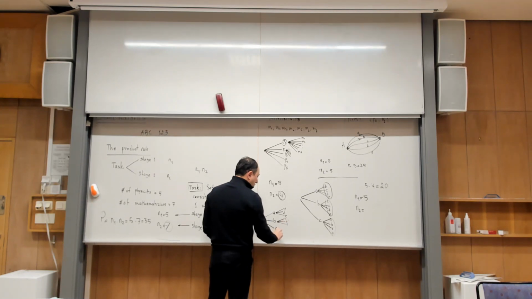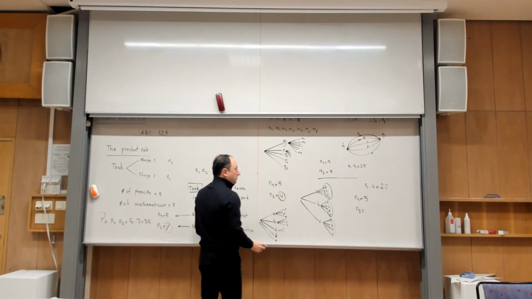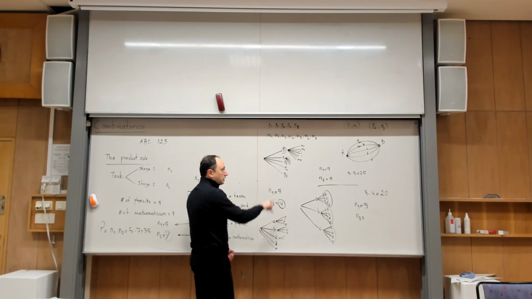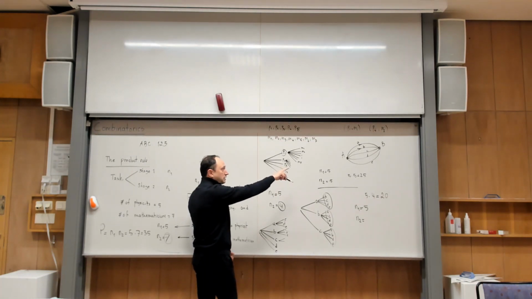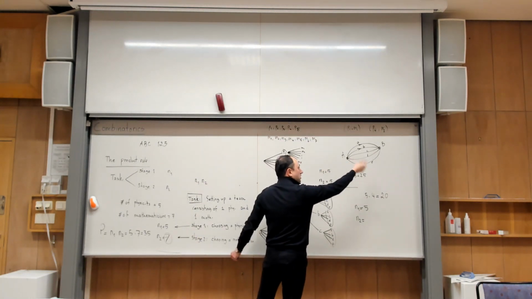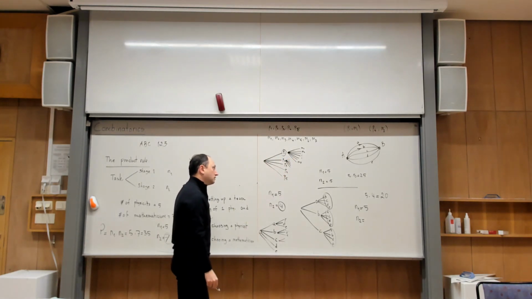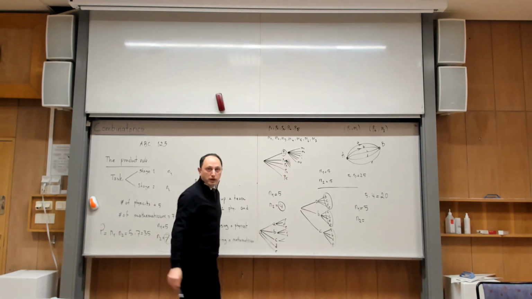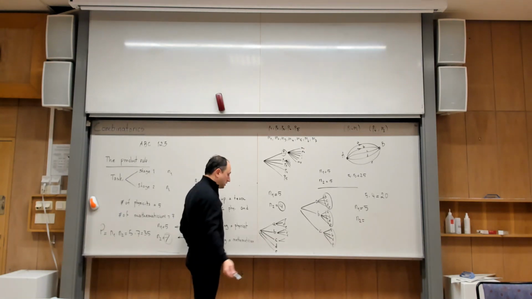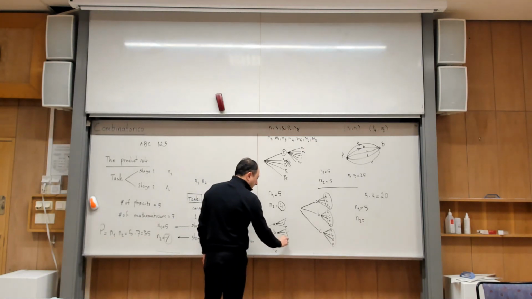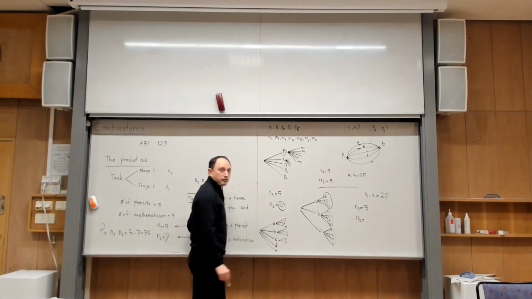But if I have chosen C, can you tell me how many options are available? If I have chosen C, I cannot choose C because of the constraint in the problem. I'm not supposed to choose the same track to go back. But A and B are one-way roads. I cannot choose them. So how many options will be available for me? Only D and E. Yes?